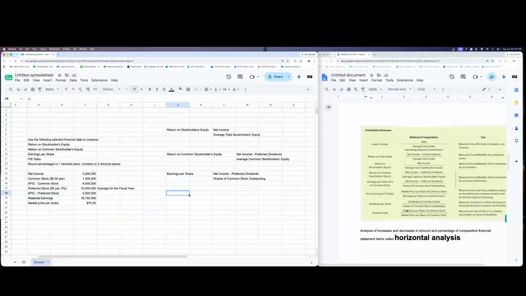Price earnings ratio, the PE ratio. This is going to be the market price per share of common stock divided by earnings per share on common stock. Those are the four ratios we're looking for.